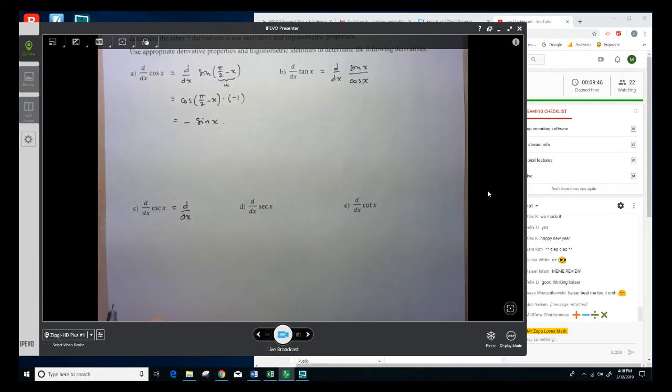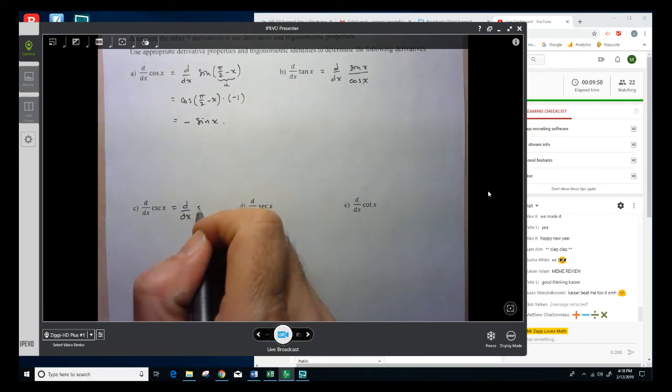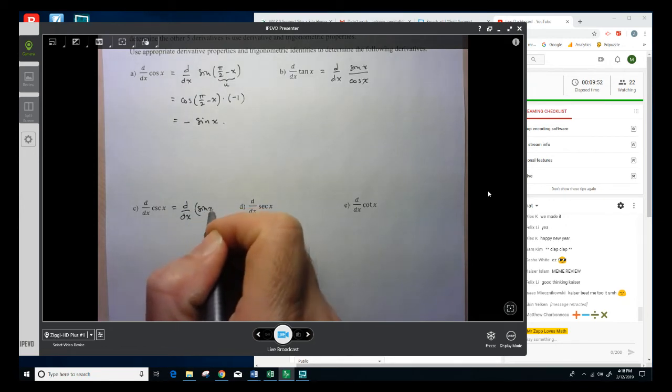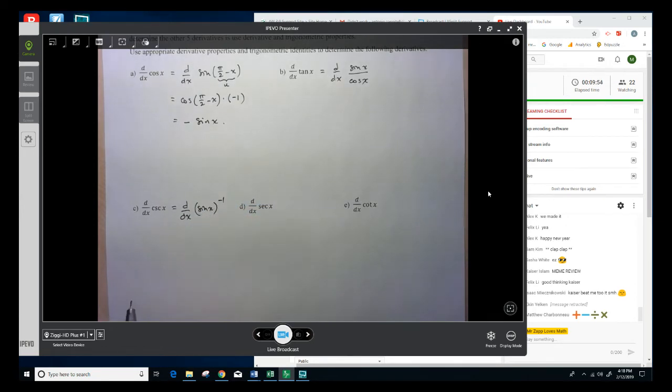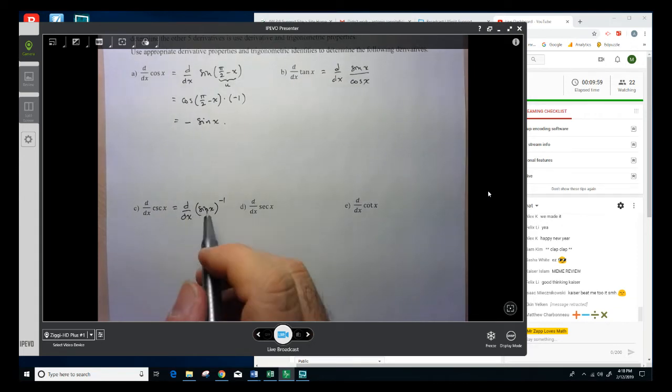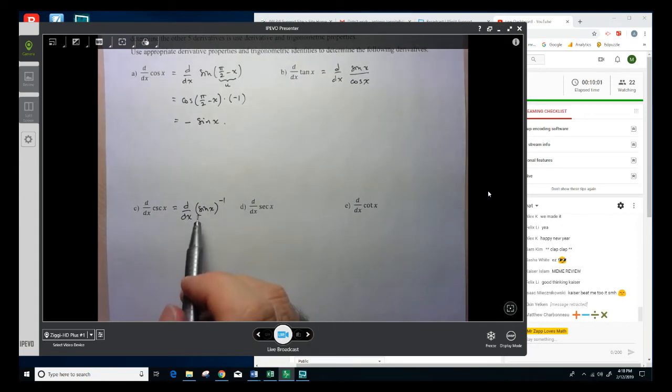Except you're not going to write it as the derivative of 1 over sine. You're going to write it as the derivative of sine x to the negative 1, so that you can use the chain rule again. Now you have to be careful when you write this, because you can't write sine negative 1 of x, because that represents the inverse function.